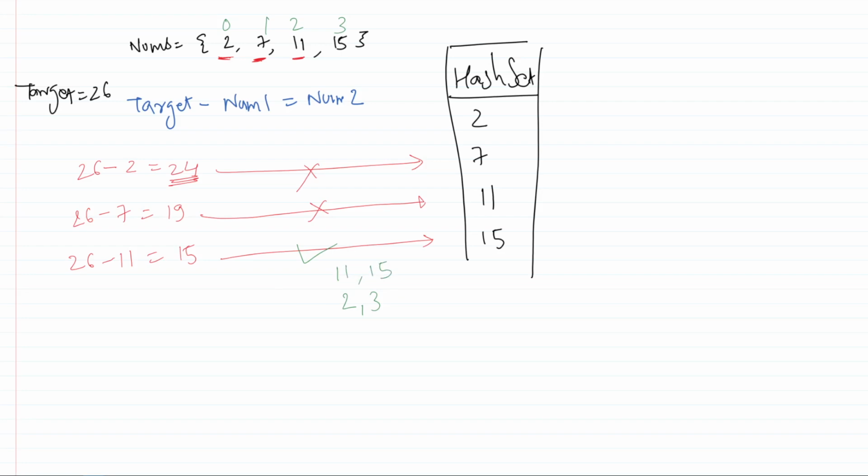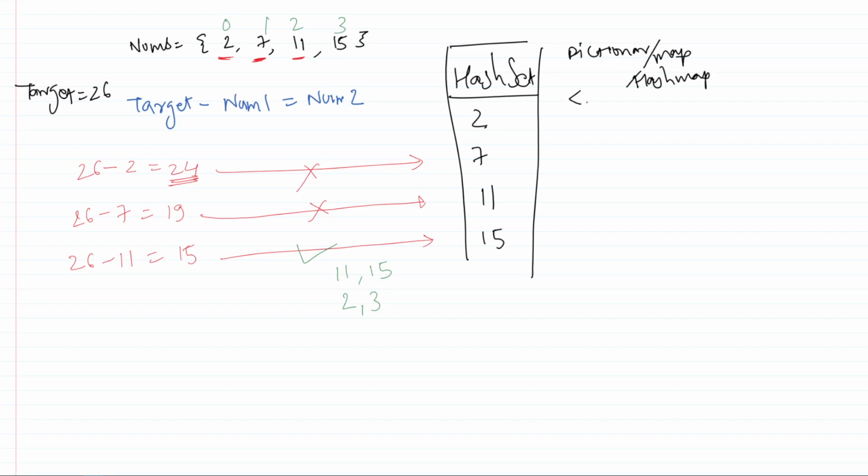So now I need to also maintain the indices with my actual elements. But because a hash set does not allow you to keep a pair of numbers at one place, there's another data structure called dictionary, sometimes called map or hash map.